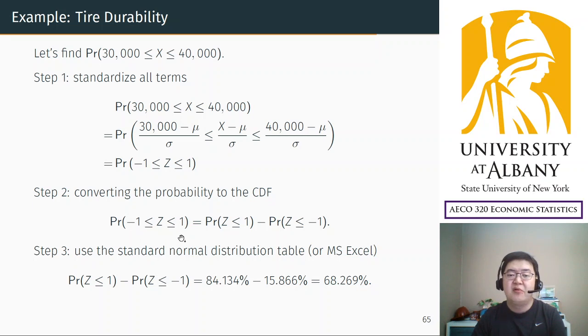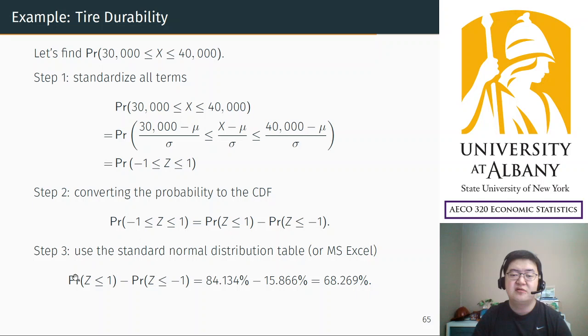So remember, the probability between -1 and 1 equals the probability smaller than 1 minus the probability smaller than -1.